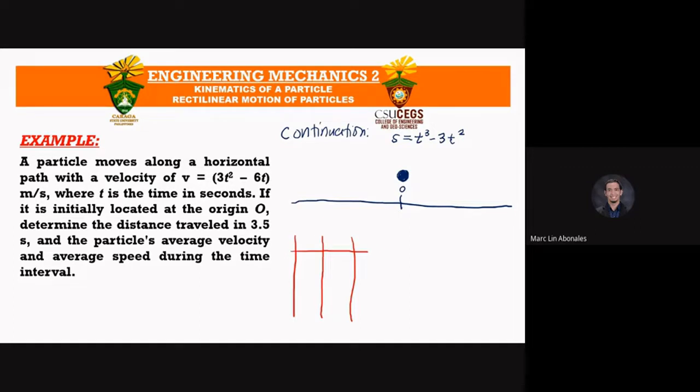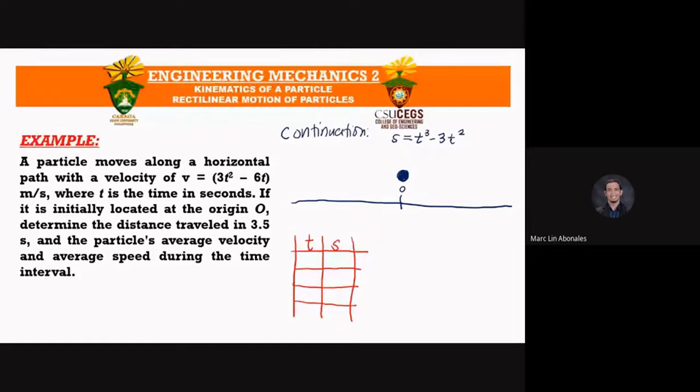So the first column is the time, and the second column is the position. Any values of time can be input.